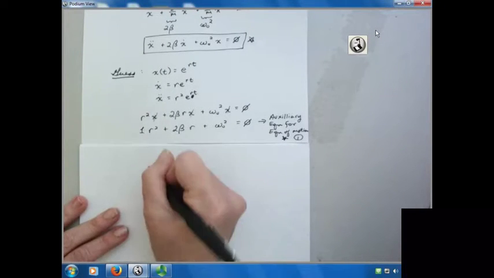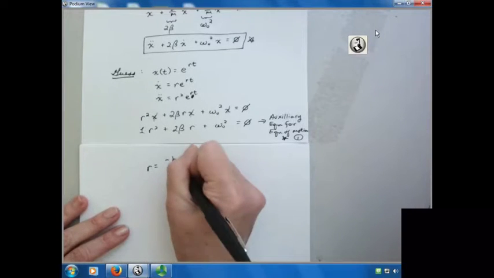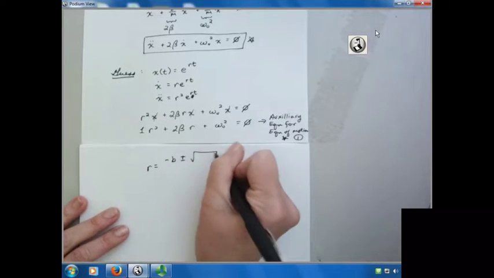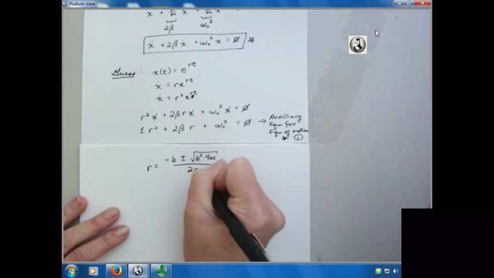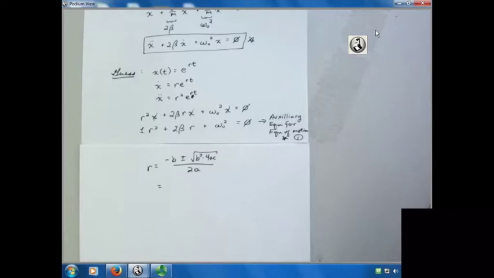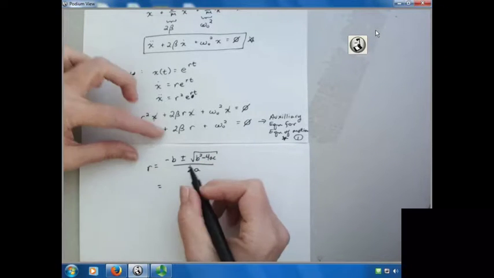I get my solution for r. It's negative b plus or minus the square root of b squared minus 4ac over 2a. I always just have to write it out because when I skip a line, I make errors. So, okay.